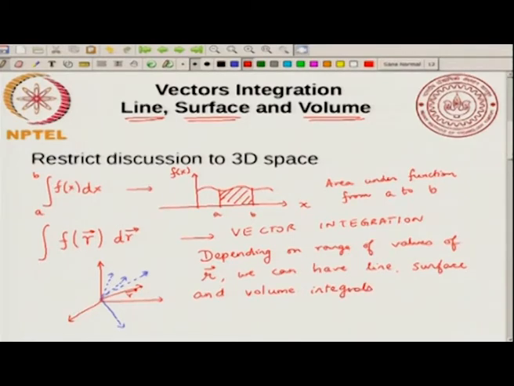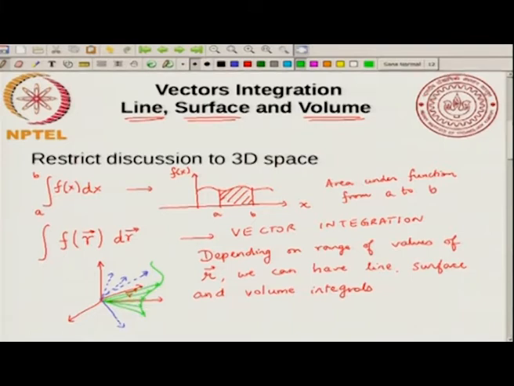Okay. So, depending on the range of values of r, you can have line, surface and volume integrals. For example, if I say that my r should be along this line, then these green vectors are the allowed values of r that touch the line.